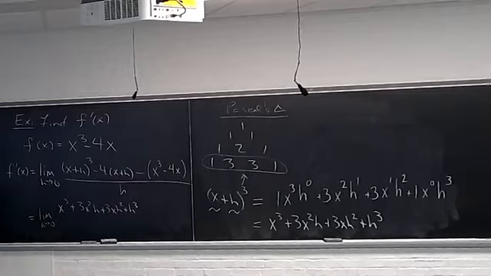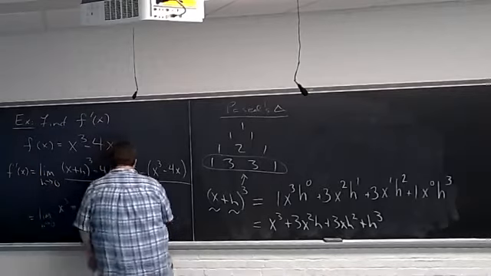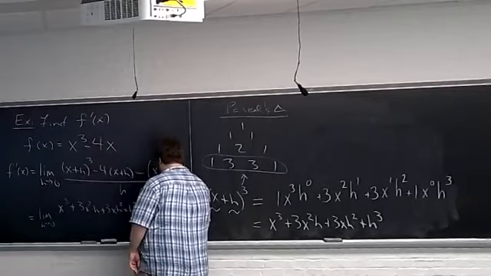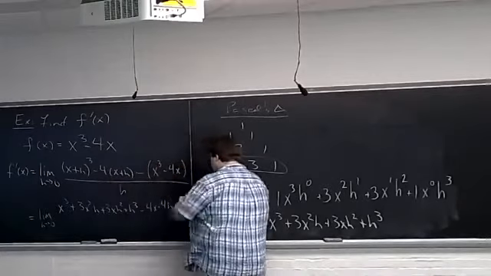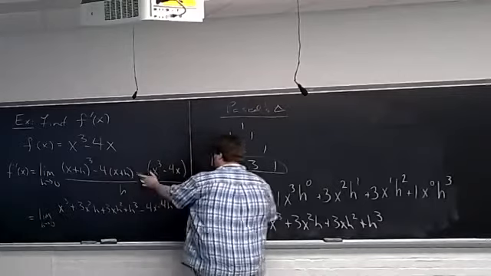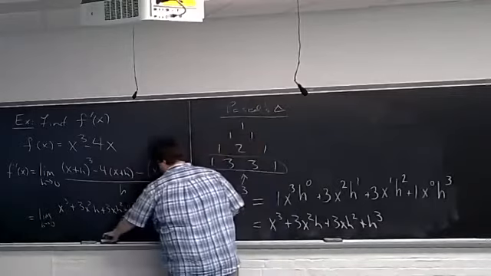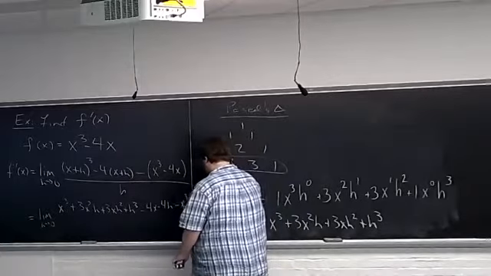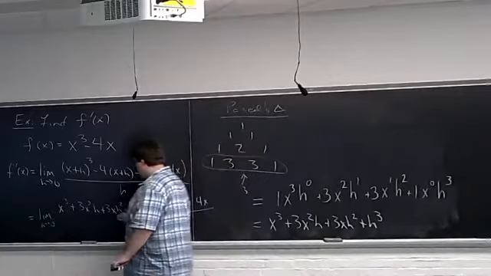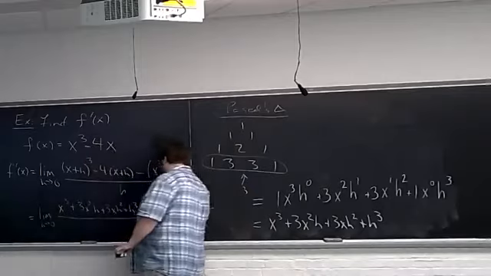And next I'll distribute the -4, distribute the -1, and write all this. So -4x, -4h, negative x cubed, negative 4x, which makes positive 4x. This is all over h.